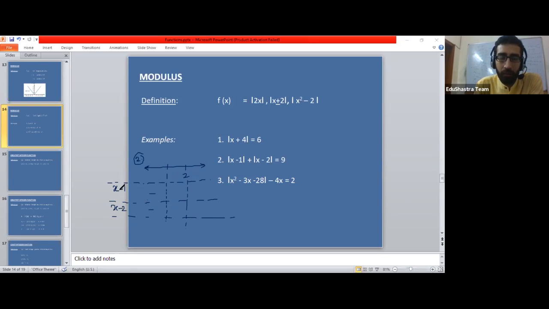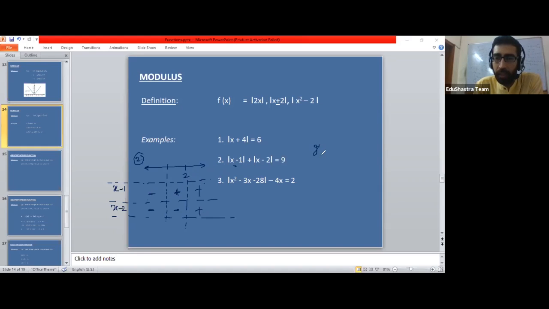For x lying between 1 and 2, say x is 1.5, then mod of x minus 1 is positive, but mod of x minus 2 is negative. But for x greater than 2, say 5, both are positive. So essentially, you have to divide this expression into 3 ranges and check at the 3 ranges.